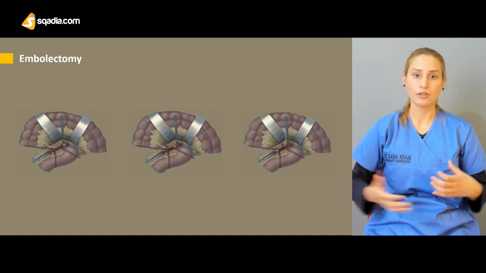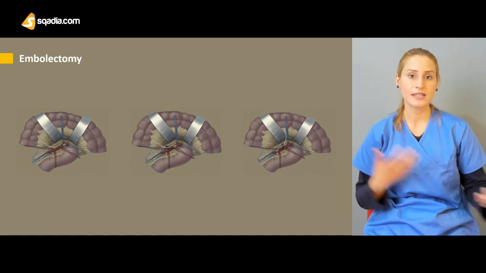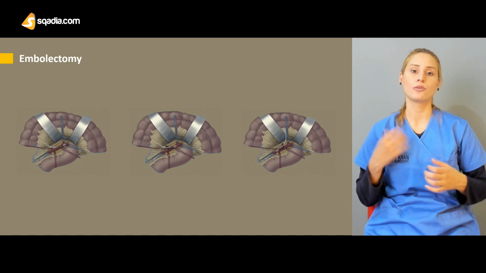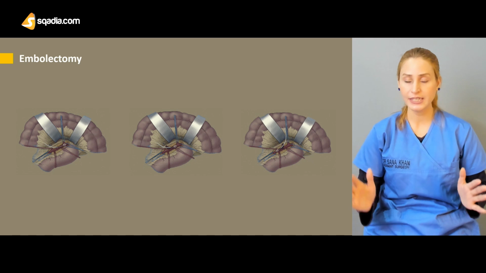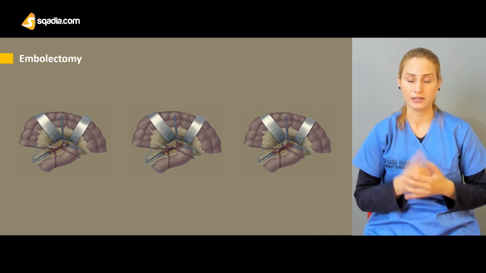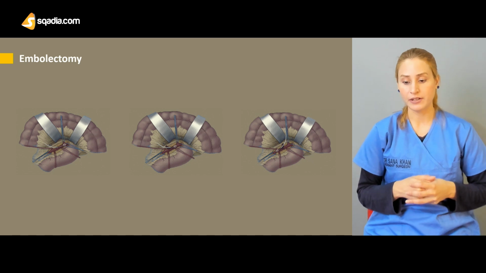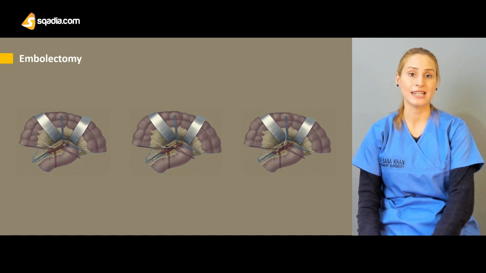And then you just have to close the arteriotomy, usually with non-absorbable Prolene 6-0. After that, the occlusion is removed and revascularization is established, and then you go for the definitive management.